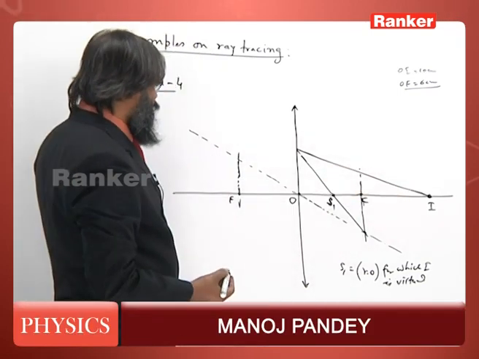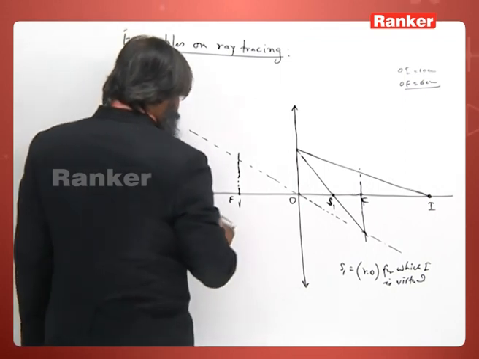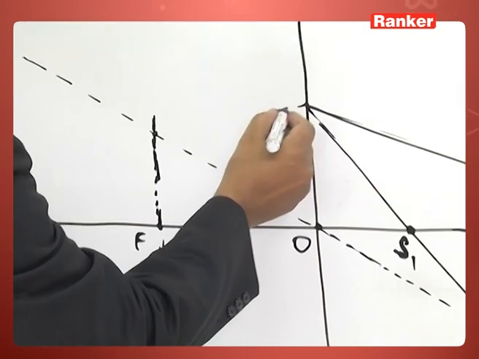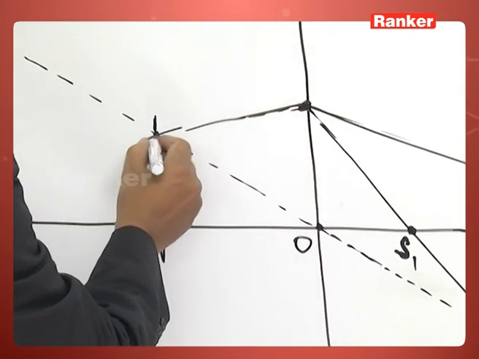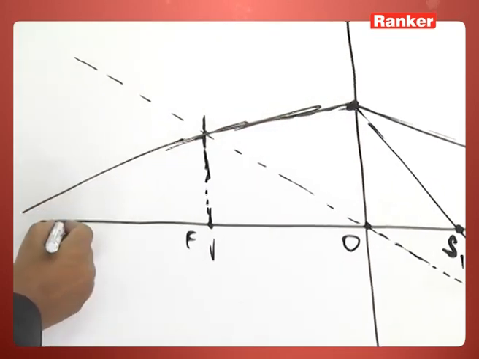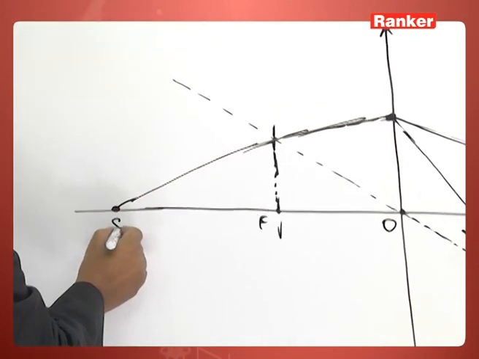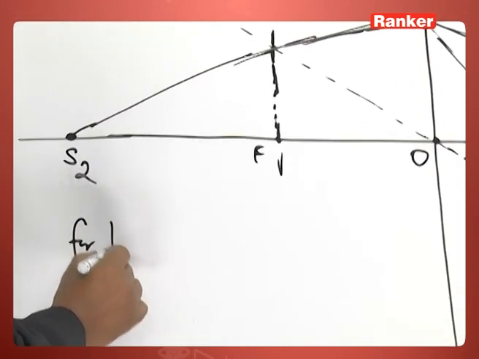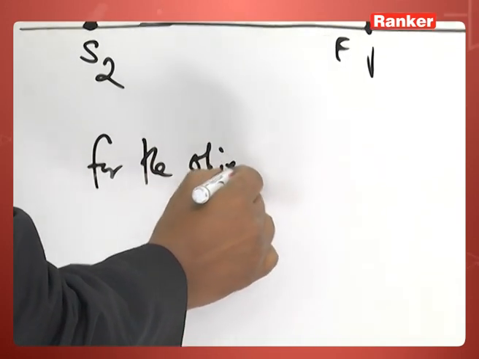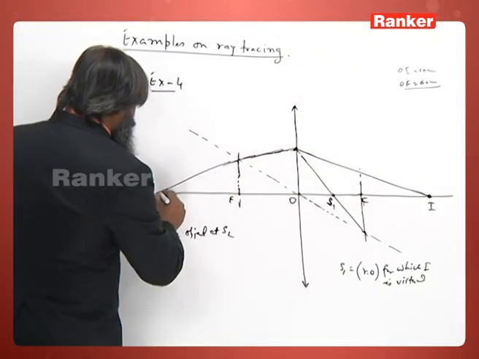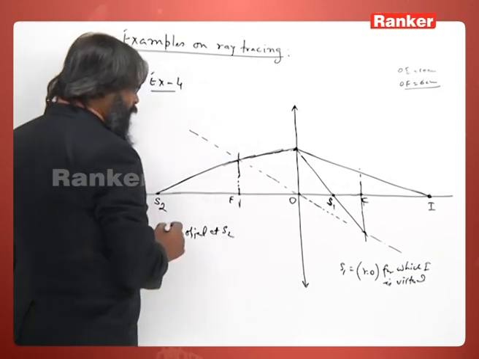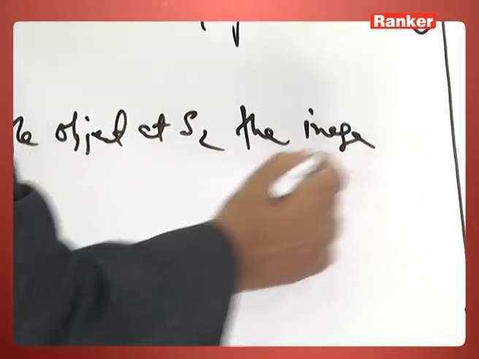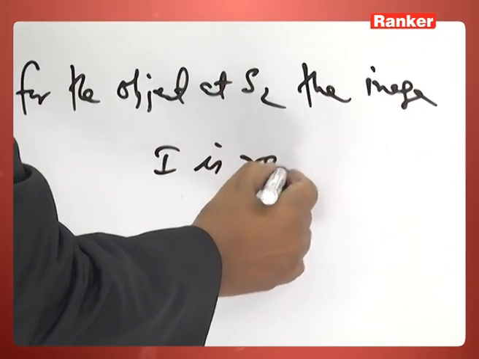So this is the image formed when the source is at S1 and this image will be a virtual image. Now you see this line meets here, if I join these 2 points, they meet somewhere here and this will be called S2. So for the object at S2, suppose we have an object at S2, the image I is real.